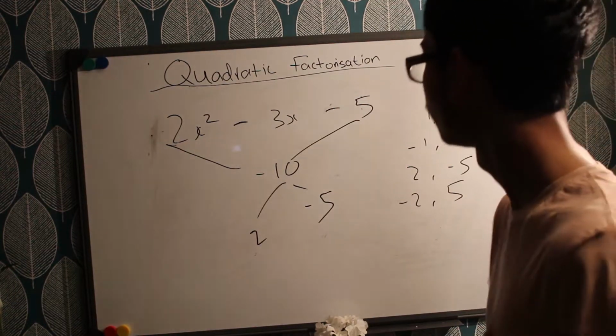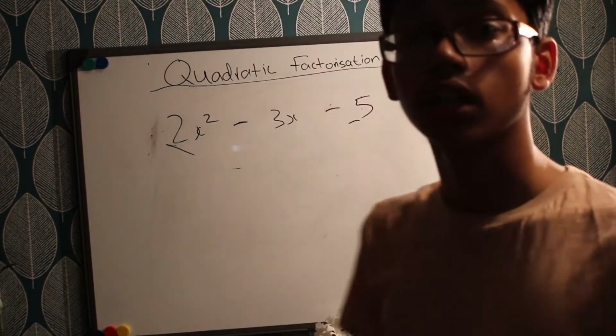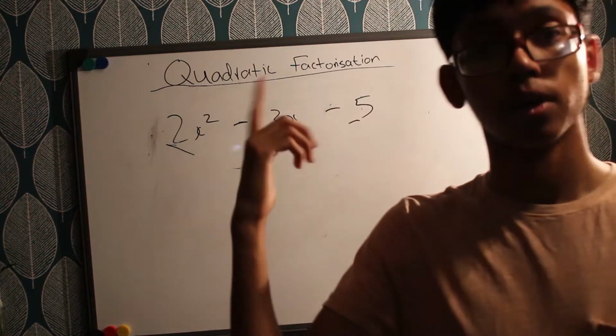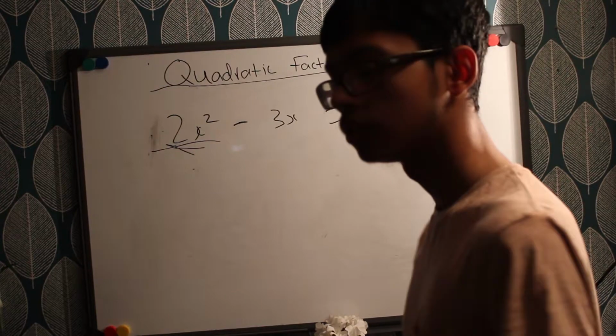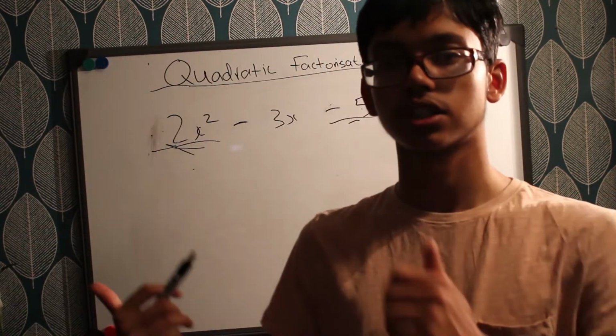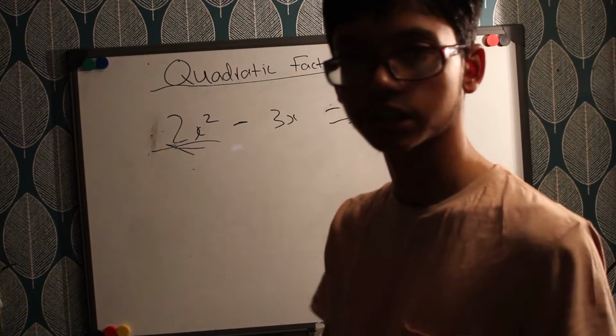So since we know our factors, I'm just going to write this all out. Now there are two methods you can do: the grid method, or the method I showed you previously. I'm going to do the method I did before, because I can do it more quickly.